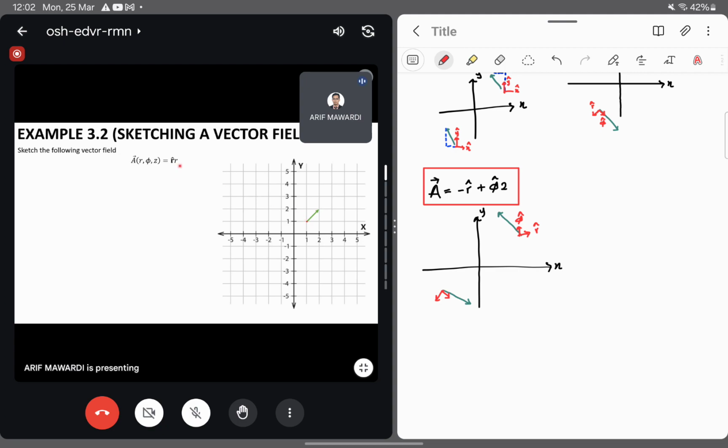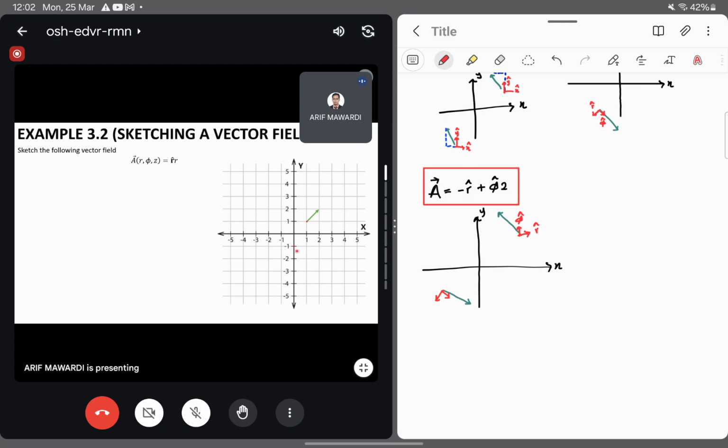But we don't need to draw the unit vector for phi, because this vector field only has an r component. So it only has one component, and the vector should be along this direction. The magnitude of the vector, how long the vector is, should be r here.